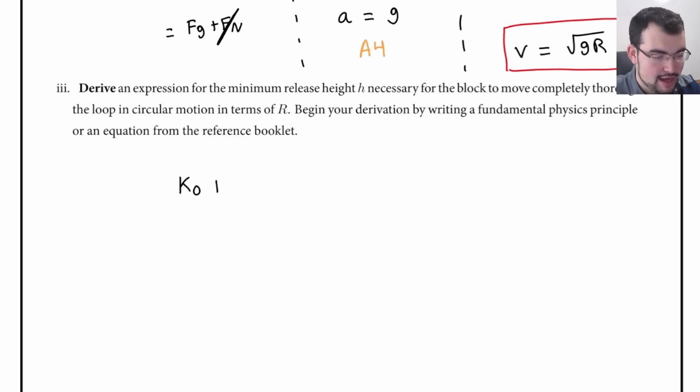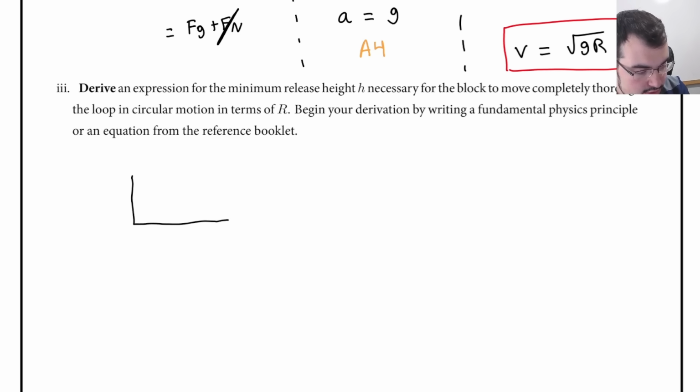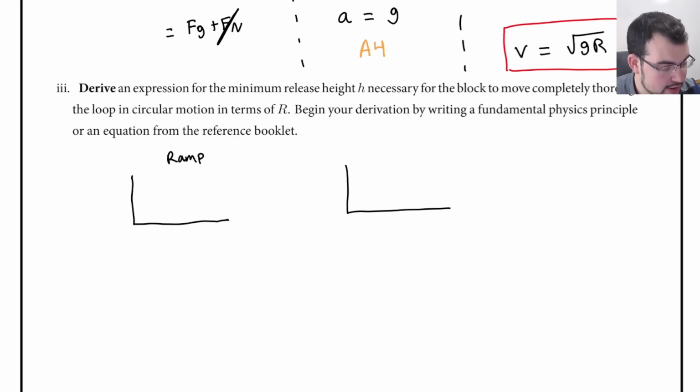So I think it's probably easiest to do the bar chart equation. I call this the bar chart equation when you sort of equate the energy bars. So we're on top of the ramp, then we're at top of loop.